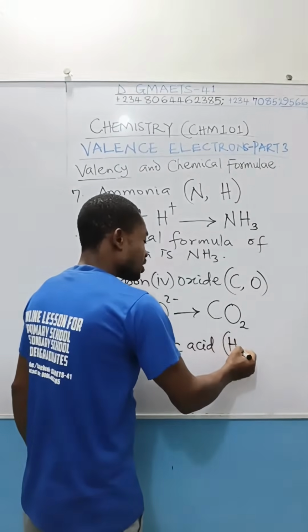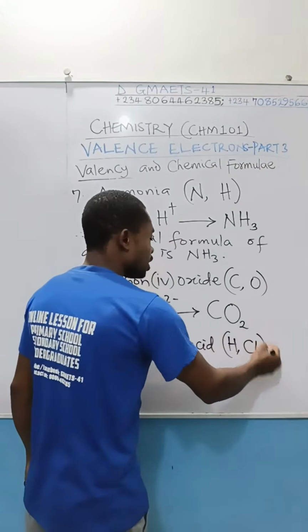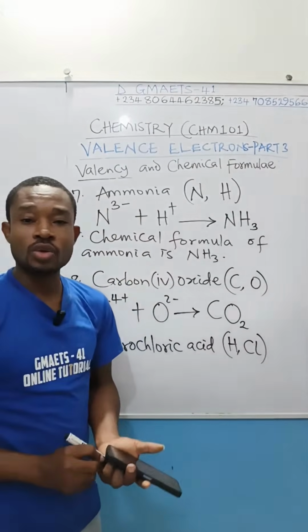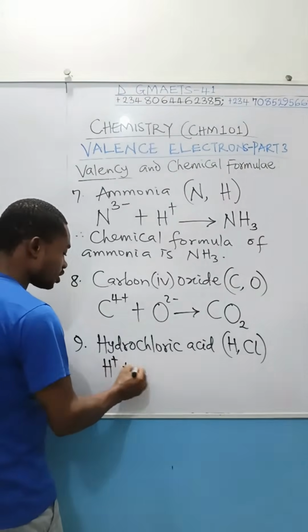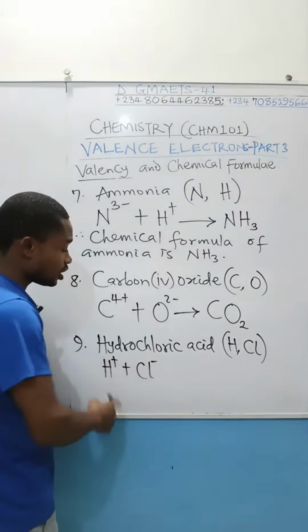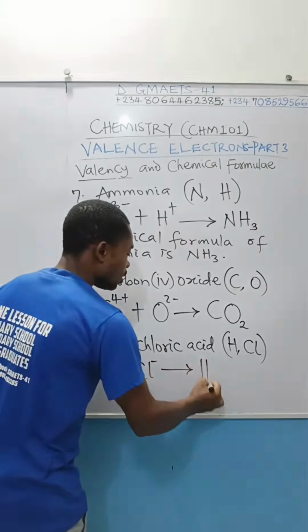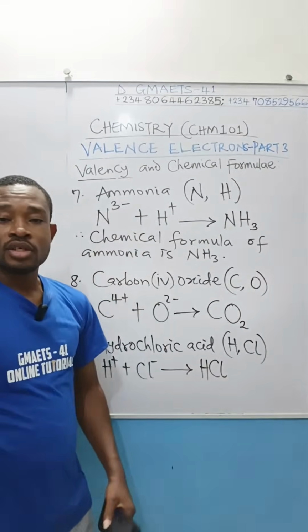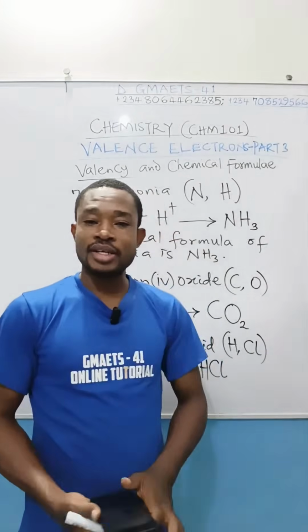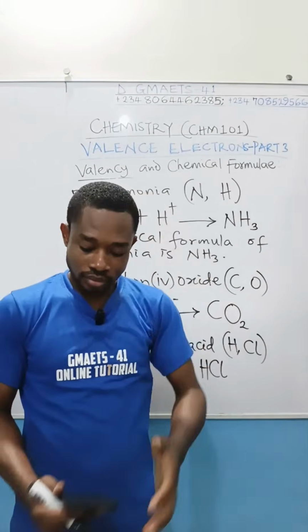Whenever you are dealing with an acid, there must be hydrogen there. So this contains hydrogen and what? Chlorine. So as simple as when they combine, hydrogen first, it combines with chlorine, the valence is negative, they will interchange their valences. Of course, the valence is going to be 1,1, so you have HCl. The correct chemical formula of hydrogen chloride is HCl.